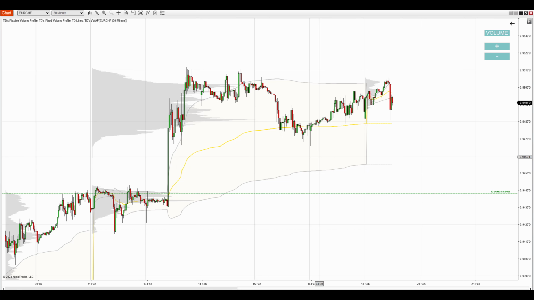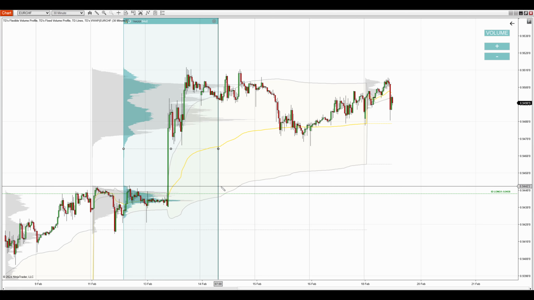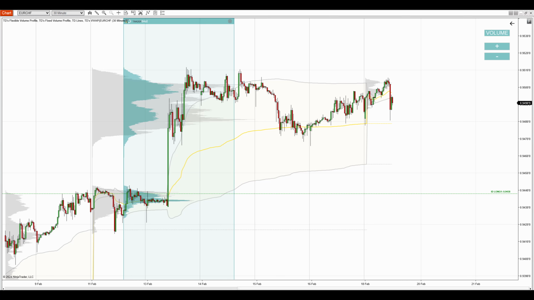The next thing, there needs to be a heavy volume zone at the beginning of that buying activity. So this is the heavy volume zone. It formed within the rotation before this strong buying activity, and it is telling us that buyers were building up the long positions in here, and then they pushed the price upwards.